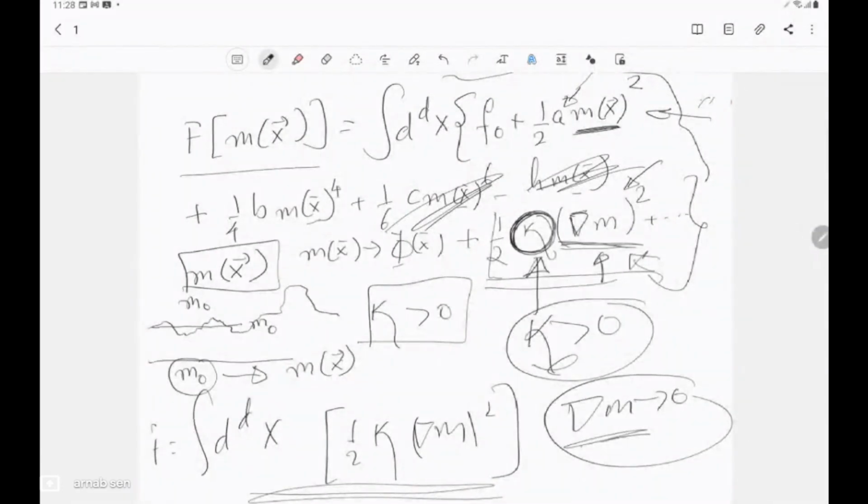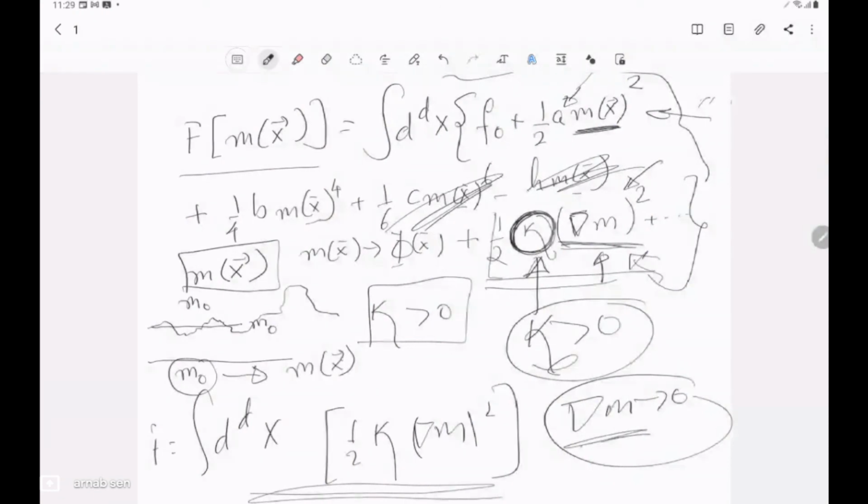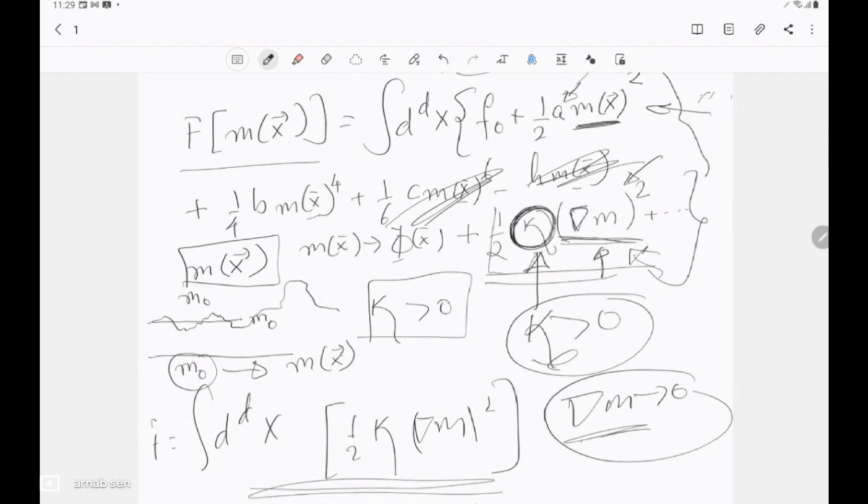The theory will itself tell me when it's losing its consistency. Whereas for D greater than 4, you will see that miraculously the theory will be self-consistent, and then the answers would make sense. We'll see all that in the next 2 lectures. So that's the goal.